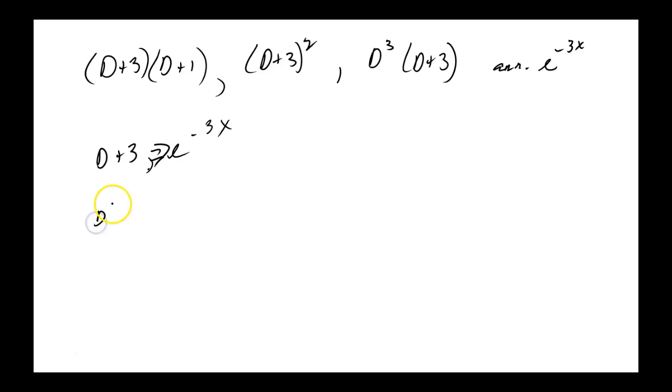That would be D squared plus 4D plus 3, operating on e to the minus 3x. Okay, let's just first do D operating on e to the minus 3x would be minus 3.